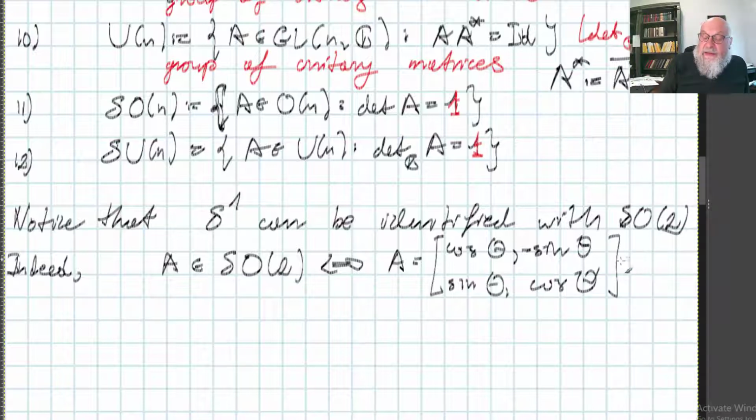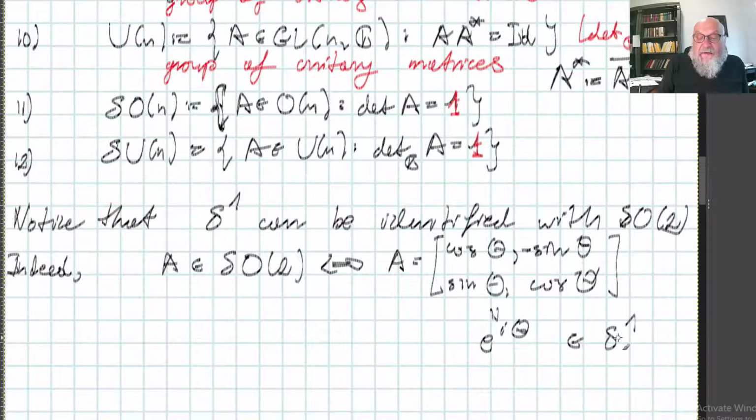That can be identified with the complex number, using the complex representation e^{i theta}. So that's the complex number that can be identified with this matrix A. Of course, it belongs to S1.